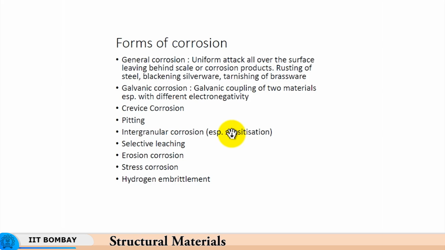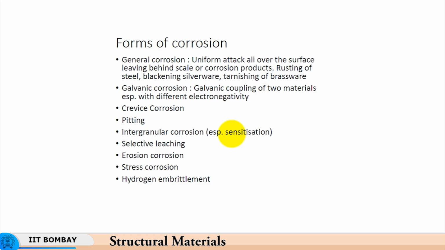Erosion corrosion takes place when you have abrasive material which is mixed with a corrosive medium, and this erosion corrosion results in removal of corrosion products and exposure of fresh metallic surface for further corrosion. So, in all, there is a cooperation between two mechanisms.